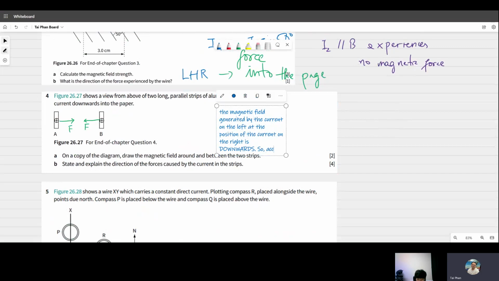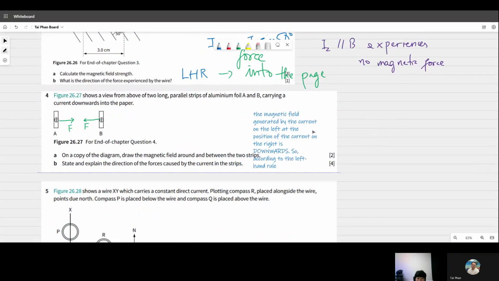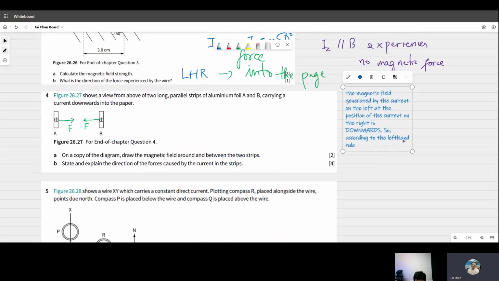So according to the left-hand rule, the magnetic force acting on the current on the right, we can call it the second current, is to the left, meaning toward the first current.